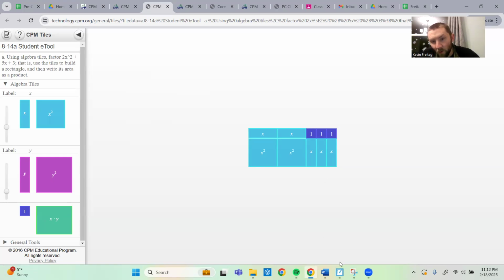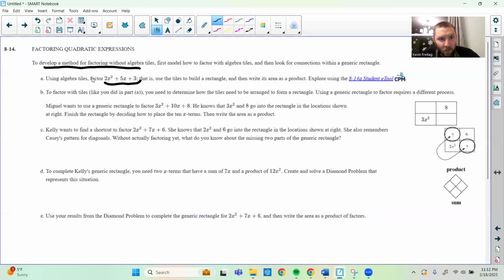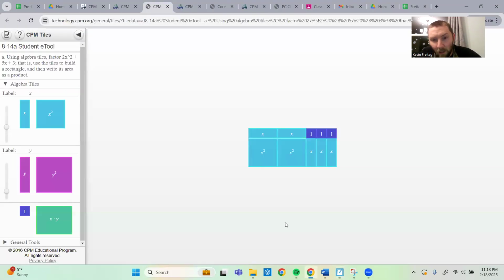So the answer to A is x plus 1 up the side and 2x plus 3 across the bottom. Now, when I write those out as dimensions, it doesn't matter which one comes first: x plus 1 then 2x plus 3, or 2x plus 3 then x plus 1. So those are my dimensions from my algebra tiles.